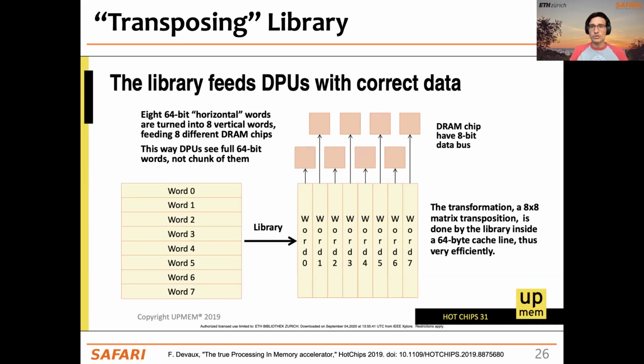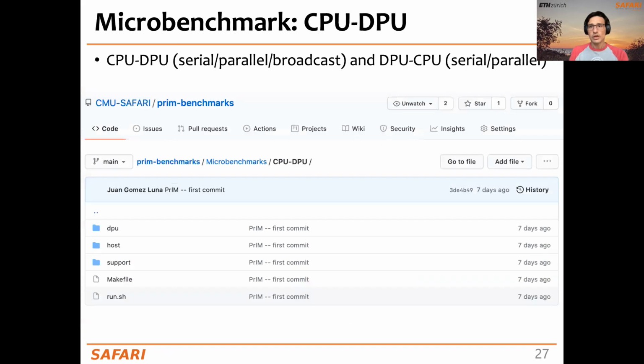It's transparently handled from the programmer's perspective, to make sure that every DPU has access to 64-bit words. If you want to experiment by yourself with the CPU-DPU and DPU-CPU transfers, you can access microbenchmarks that we created for our measurements.